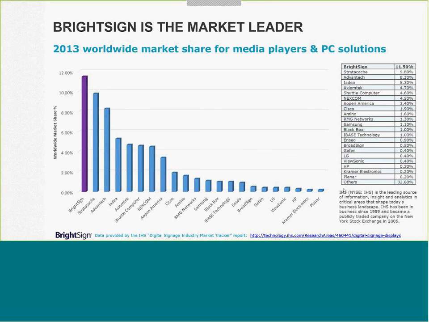This is all tracked by IHS, which is a big industry technology report tracker. And the interesting point is down at the bottom on the far right. Over a third of the industry has less than 0.2% of the total market share. So there are a ton of media player manufacturers out there, and BrightSign leads the way, but you can see how flooded it is.